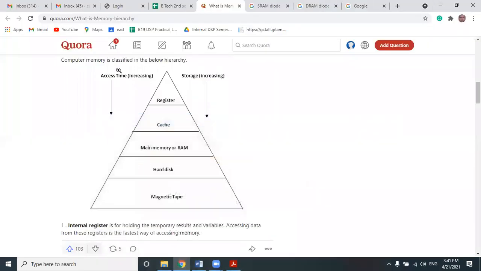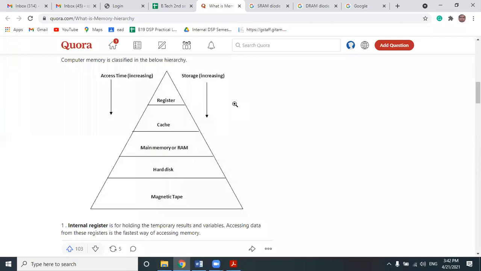So two parameters have been discussed. One is the speed of the computer memory. The second parameter discussed is the storage or size. The third parameter is the cost. So obviously you can understand, if the computer memory has the highest speed, that memory is the costliest, the most expensive memory, because to give it the highest speed capabilities, some special purpose material has to be used within it.